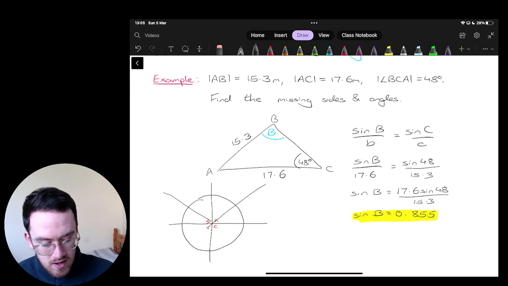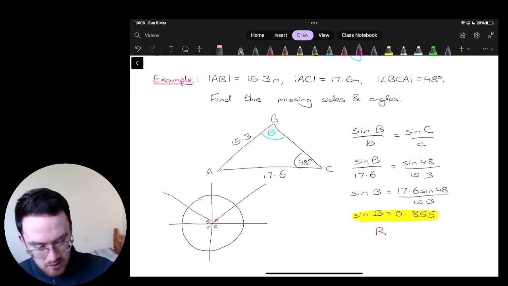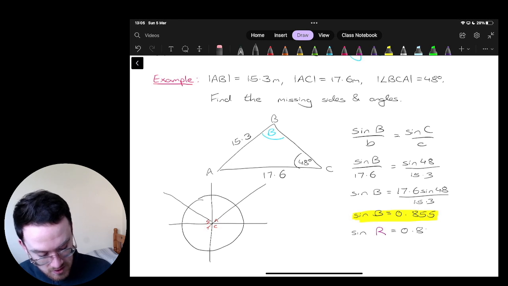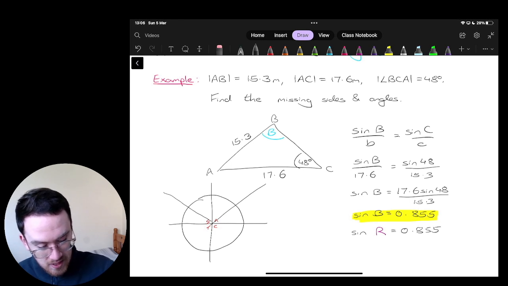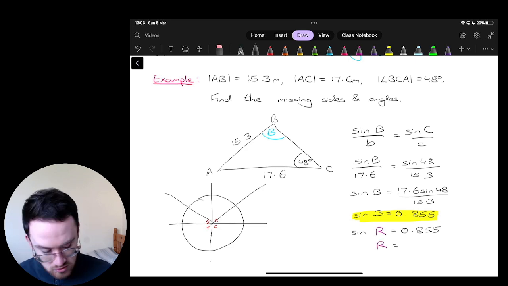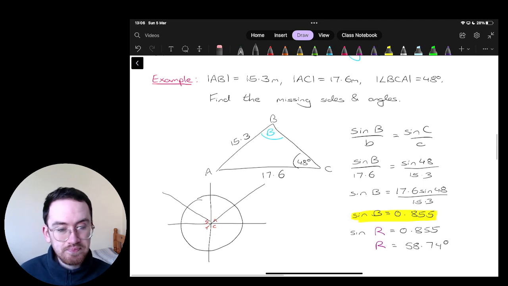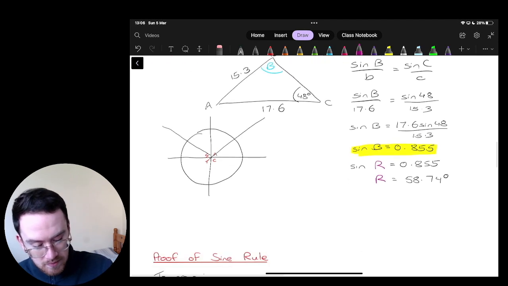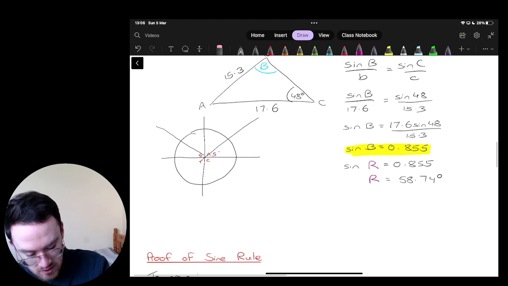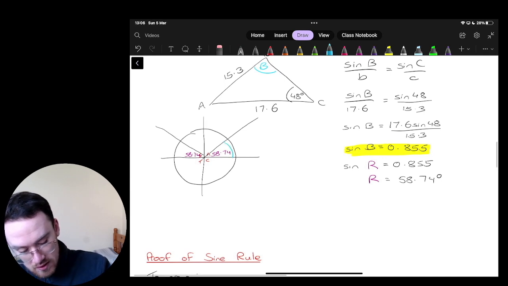Now we need to find our reference angle. For my reference angle, we take the positive value of the question that we have. To get my reference angle, I take the sine inverse, and I get an answer of 58.74 degrees. So this angle here is 58.74, as is this angle here. What I want to find is this blue angle and the red angle.